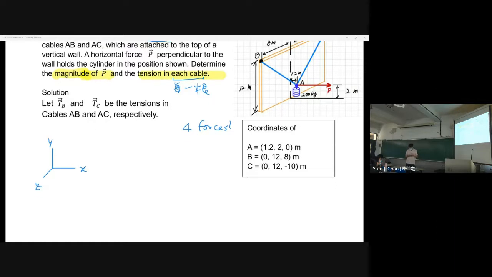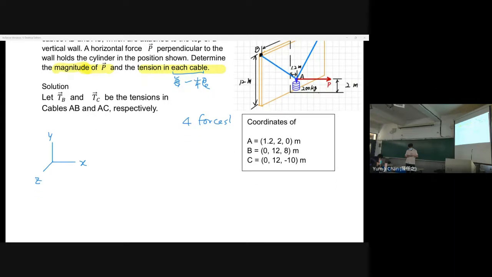So we have point A here, and then we have P, and we don't know the magnitude. Also we have TB and TC, and we don't know the magnitudes either.